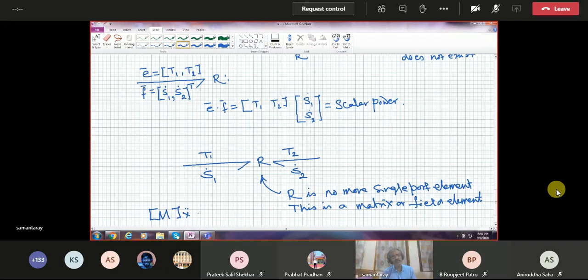So these are all matrices. Yes, then gyroscopic matrix and so on. So all matrices means these are fields. Or matrices.